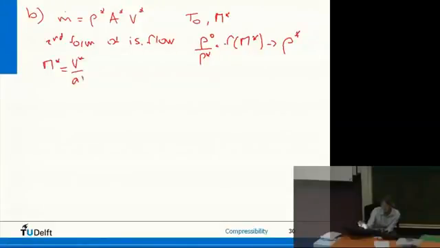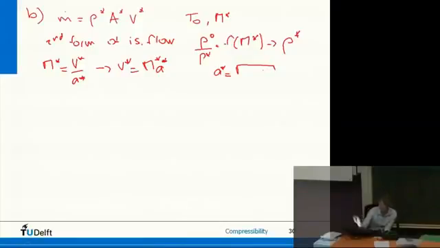So the velocity in the throat is the Mach number in the throat, which we know, times the speed of sound in the throat. So that transforms the problem to finding the speed of sound. What do we need for the speed of sound? Temperature. Perfect. How do we find the temperature in the throat? Mach number and T0.